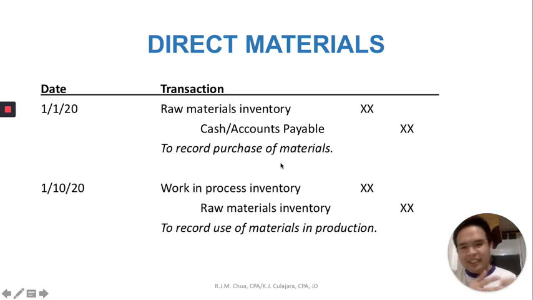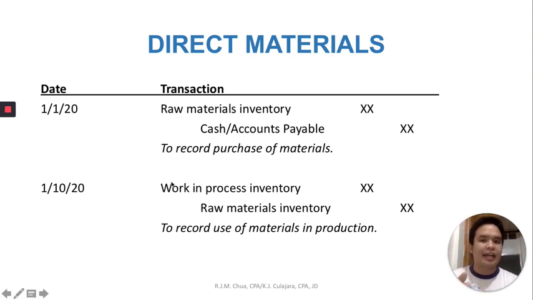Next, kapag nabili mo na, yung next na mangyayari, gagamitin mo na at you're putting it into production. So, ganito, in cost accounting, if you put anything into production, spend anything at mag-start ka na, pumapasok itong lahat ng production cost sa work in process inventory.